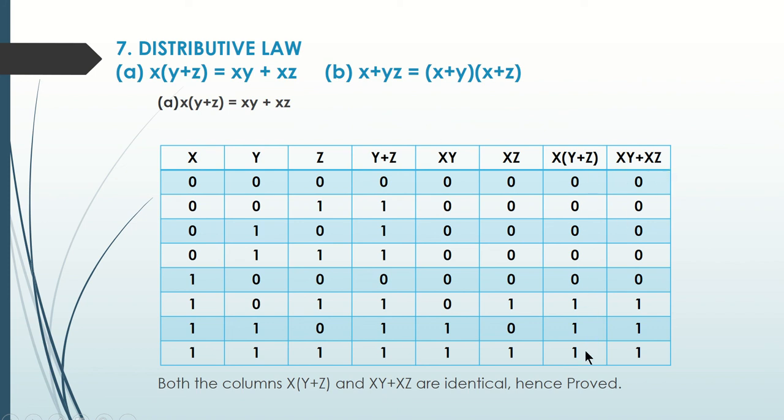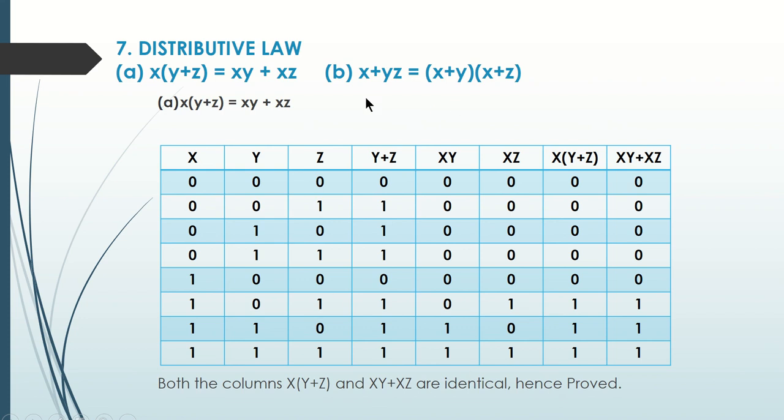When you look at the result, it is the same. So x of y plus z is equal to xy plus xz. These two columns give the same value, hence it is proved. This is how you are supposed to write. Both the columns x of y plus z and xy plus xz are identical, hence proved. This is how you have to write.